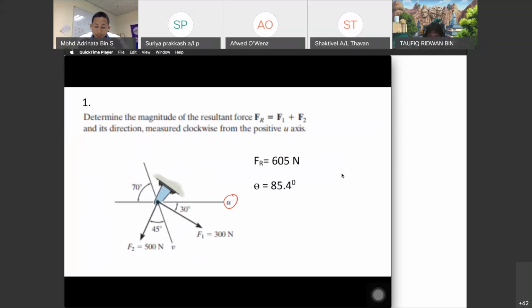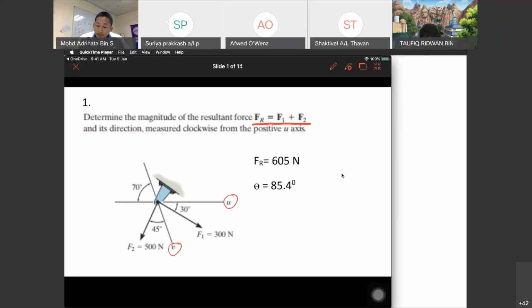Okay, so this one is the magnitude of the resultant force. Resultant force is using U and V. So they want you to use U and V, but for this first, we can write the given: F1 is 300 Newton, F2 is 500 Newton. So this data we have calculated before in question number 2, 65.